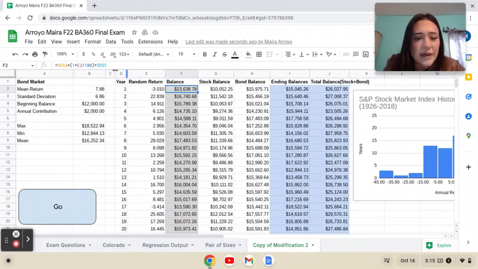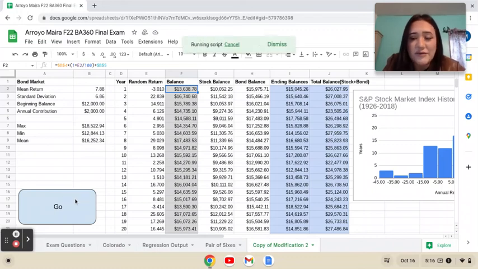What I did was I added that annual contribution of 2,000. I did the plus $B, $F, just so it wouldn't move down, so it'd stay right there. And I changed my beginning balance to 12,000. And as much as I ran it, my max would not get any higher.